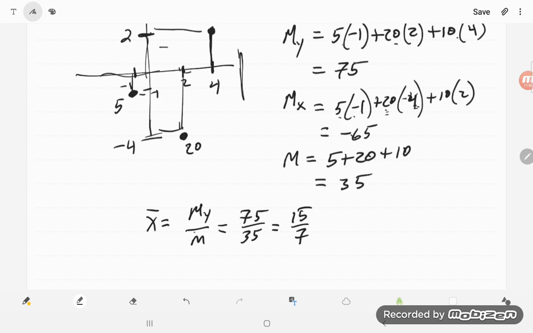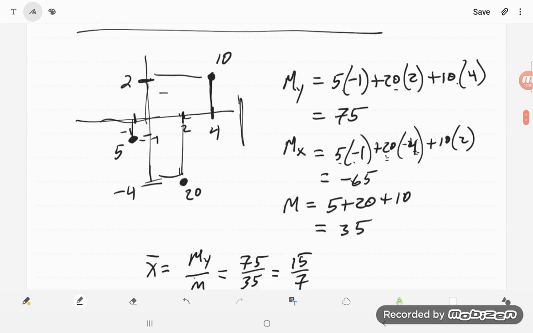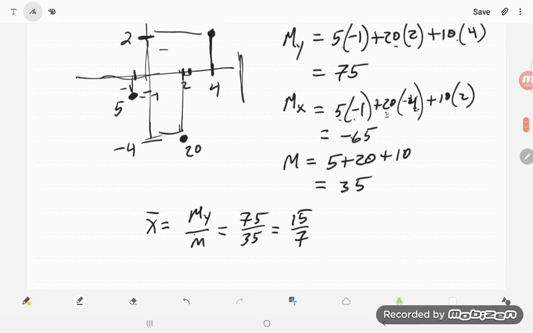And what is it? A little bit more than 2. It's right in here somewhere for that x. And as I look at those, sure, that seems reasonable. We might balance out somewhere around that 2.